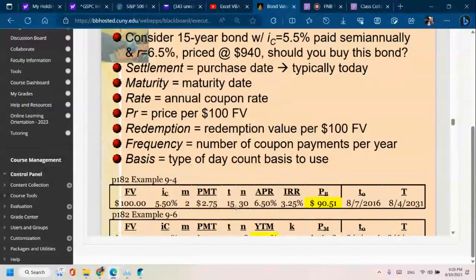Payment is 2.75. Time to maturity is 15 years, so the total number of coupon payments or compounding periods is 30. The APR, the prevailing market rate, is 6.5%. So if you calculate the rational price of the bond, it is $905.10. So what do you say? This is overvalued.